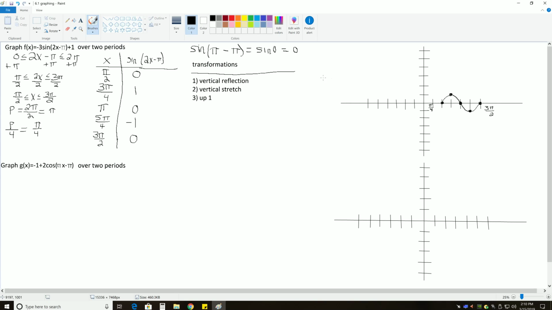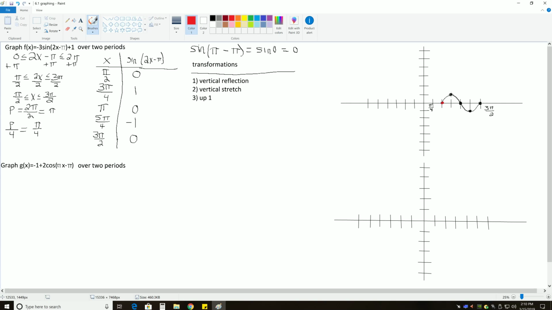Now we have to go through performing each of our transformations to get our final graph. So I'm going to choose a different color here. So the first thing that we have is a vertical reflection, which means anything above the x-axis will flip below it, and anything below it will flip above it. So this point is going to stay right where it is.